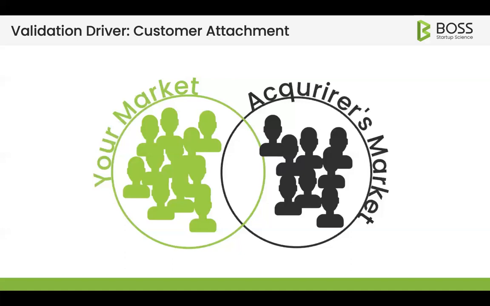Now, one of the most interesting valuation drivers and that is used most often in strategic exits is what's called customer attachment rate. Quite simply, this is saying I have the same customers as my potential acquirer. We service the same people, right? In different capacities. However, we service the same people.